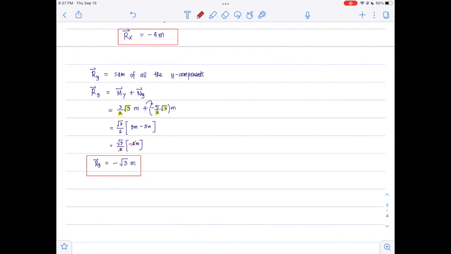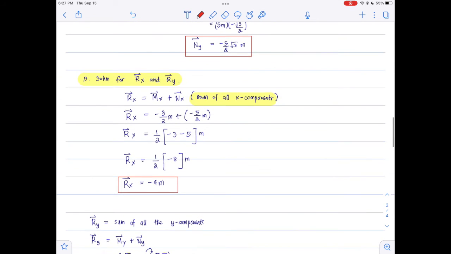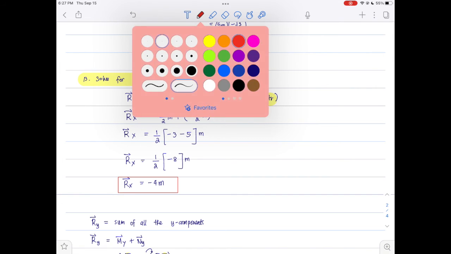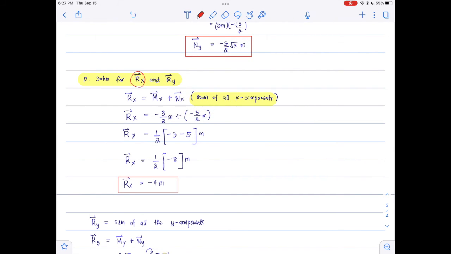So again, I'm going to recap step 2. You get the components, Rx and Ry. How do you get Rx? Rx is merely the sum of all the x components of your vectors m and n. For Ry, it's the same, class.